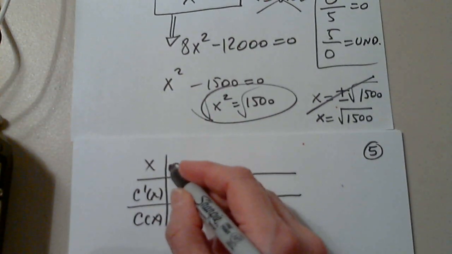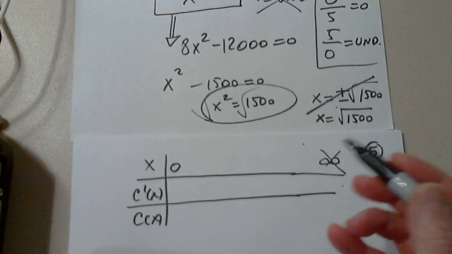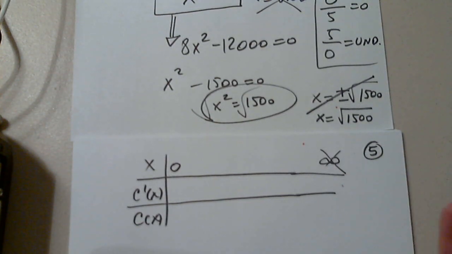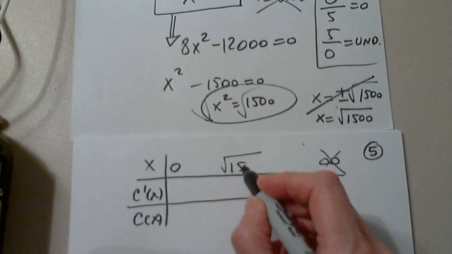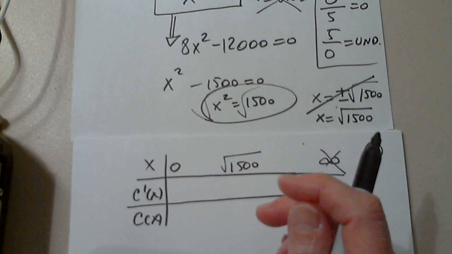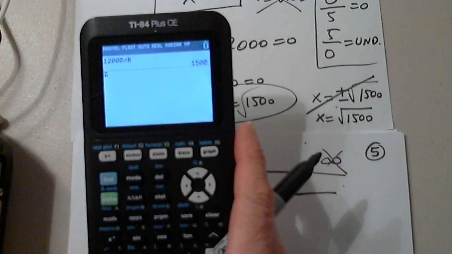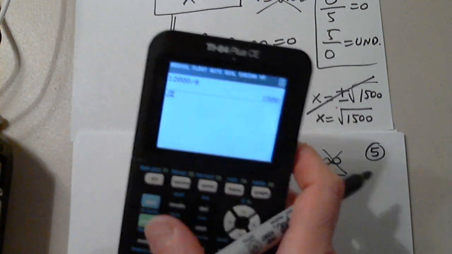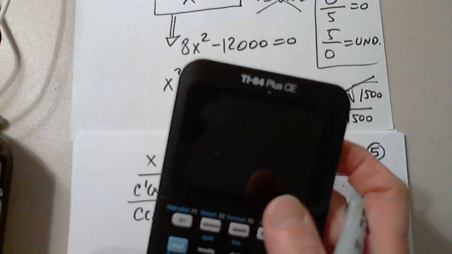I have to put 0. We cannot say we produced an infinite number of units, right? But the square root of 1,500, and I will approximate that, is about 39.